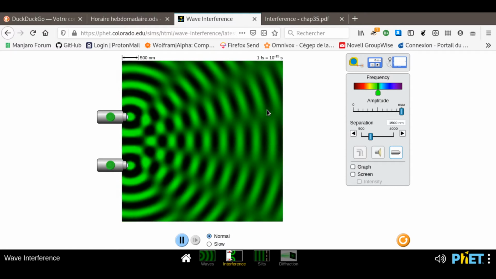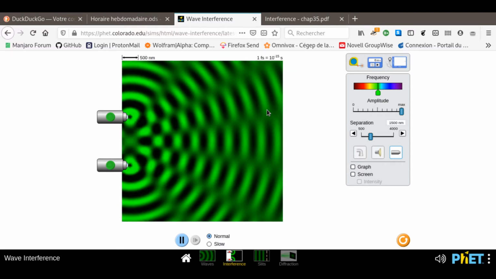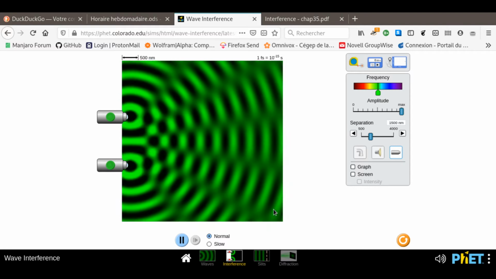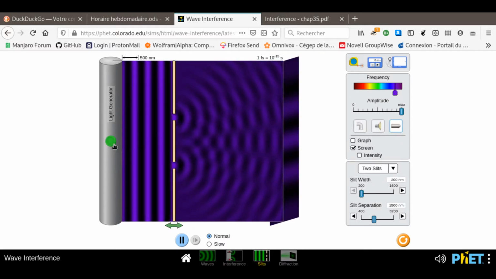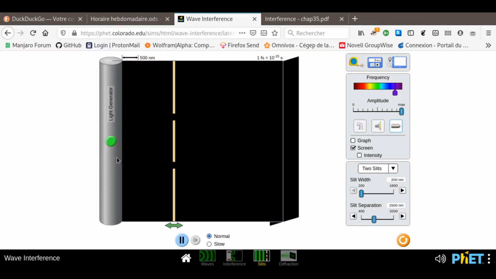In our first experiment, we didn't have really two sources, but a single one. However, this source of light emitted light towards the right, and then it hit two slits that were dug in an obstacle.